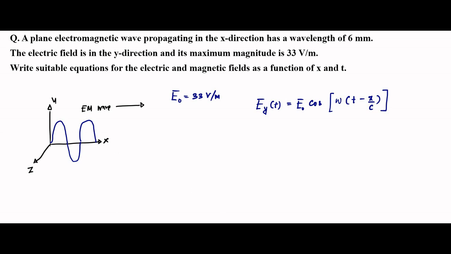So obviously the magnetic field variations will be along the z-axis, because electric and magnetic fields are in mutually perpendicular directions and also perpendicular to the direction of propagation of the wave. So the direction of propagation of the wave is along x, the electric field is along y, so obviously the magnetic field will be along the z-axis.